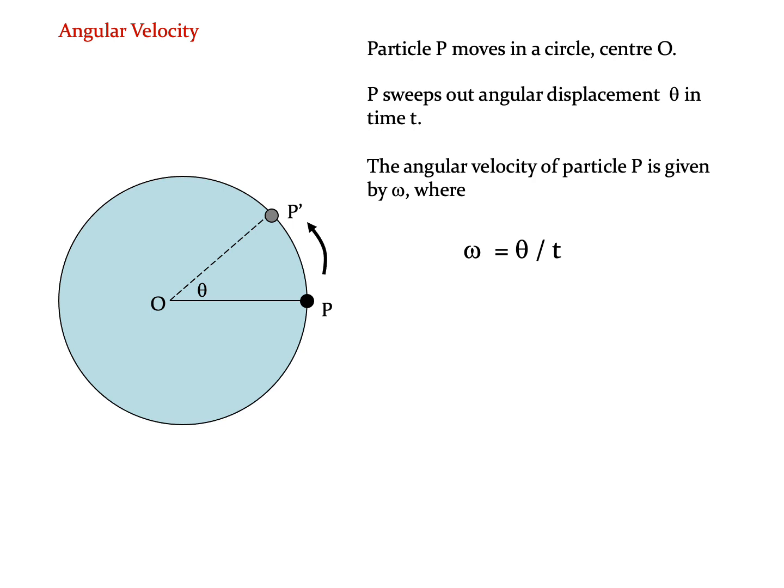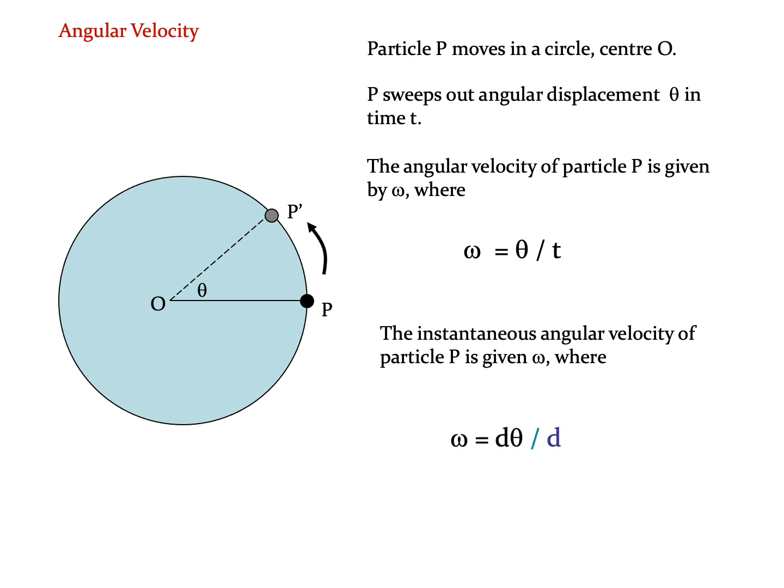Theta is finite, so is t. We can define the instantaneous angular velocity of the particle, and remember from the previous section, an instantaneous expression is one where t is vanishingly small, approaching 0. So to do this, we use our d notation, and I'm sure you can predict that omega as an instantaneous angular velocity will be d theta by dt.